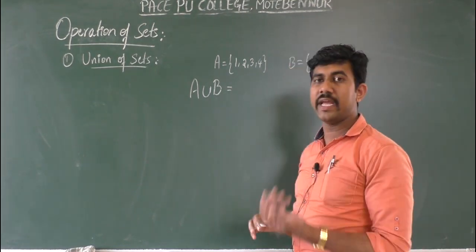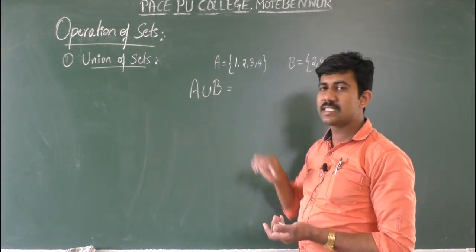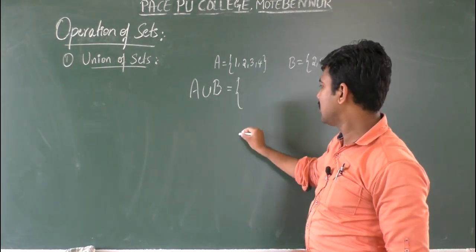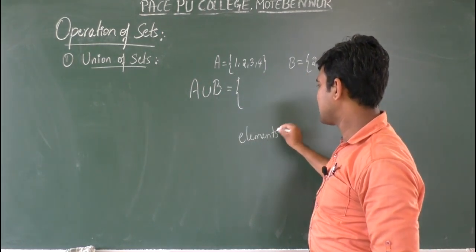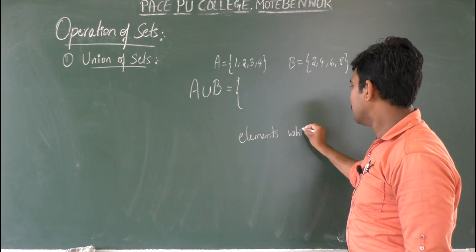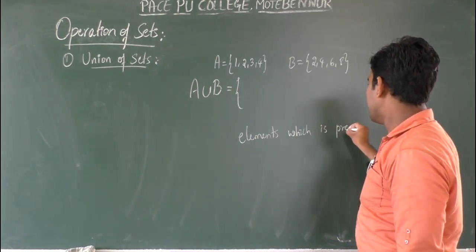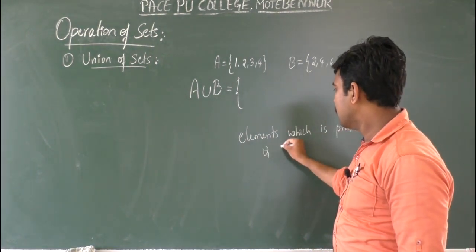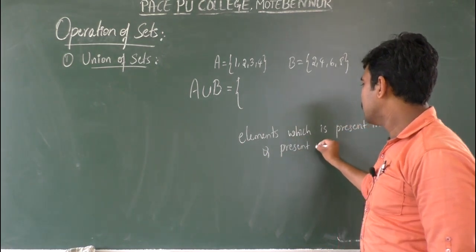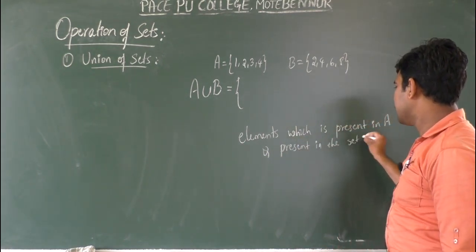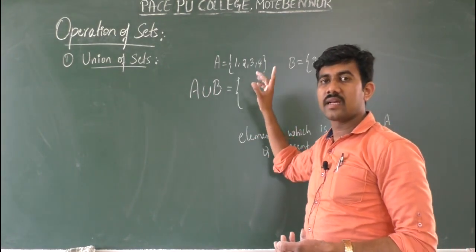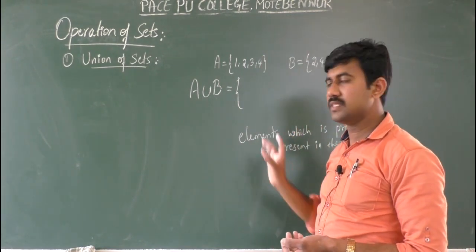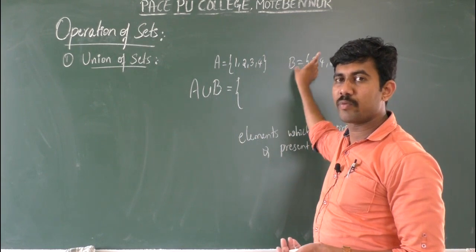And it is defined as how to collect the elements which are present in the set A and present in the set B. So this set consists of the elements which are in A and in B, the elements considered either from A or from B or from both.